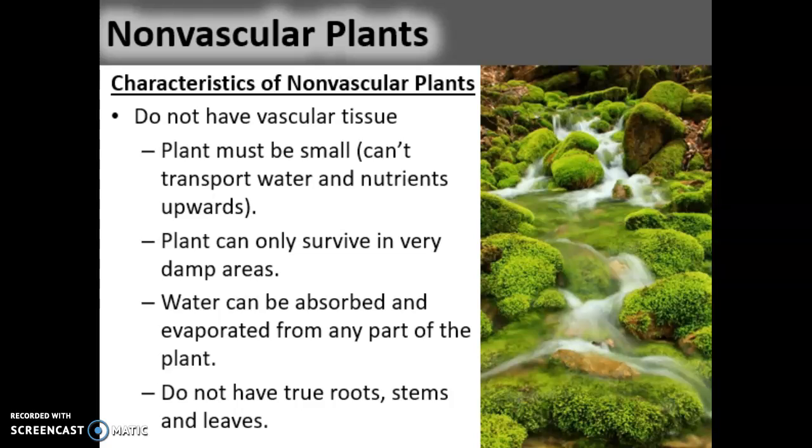However, if water can be absorbed very rapidly, water could be lost very rapidly. So water gets evaporated from moss, and moss dries out much faster than other vascular plants. Also, because they lack vascular tissue, you cannot say that moss has true roots, stems, and leaves.